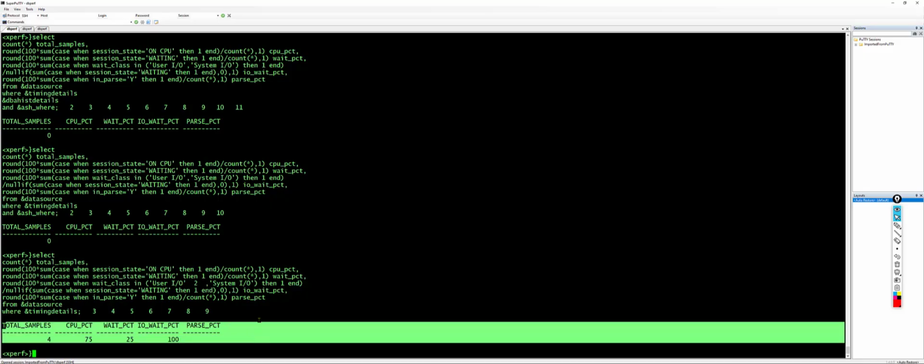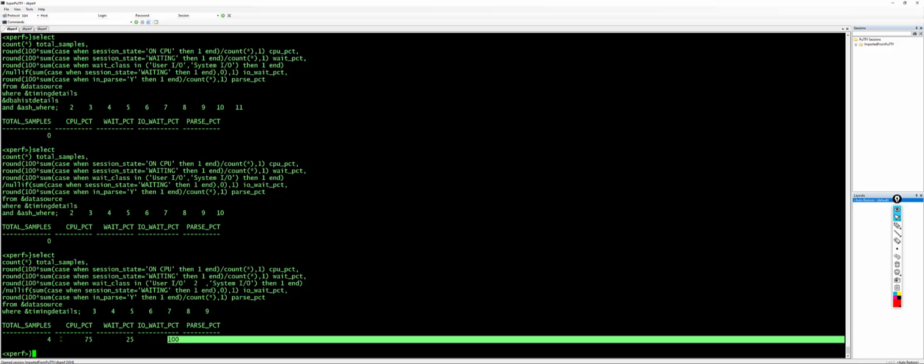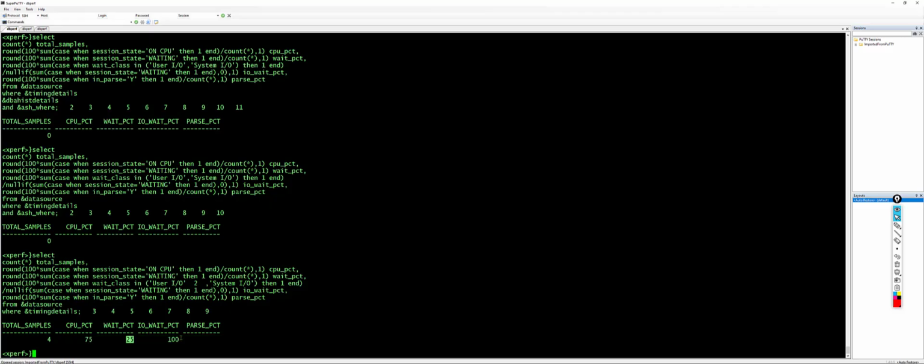Now you can see the last sample collected and how much percentage of CPU has been consumed within these 4 samples, and the wait percentage is 25. This gives us the proportion and the ratio. Almost 100 percent of that 25 percent wait is IO wait. I hope I'm not confusing. Wait can be further categorized into IO and parse wait.